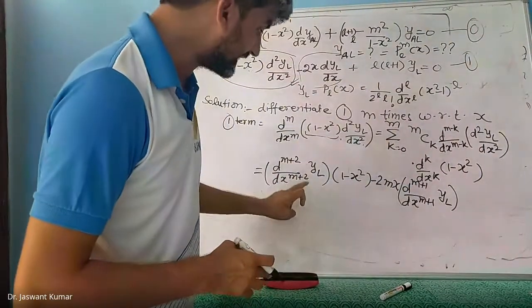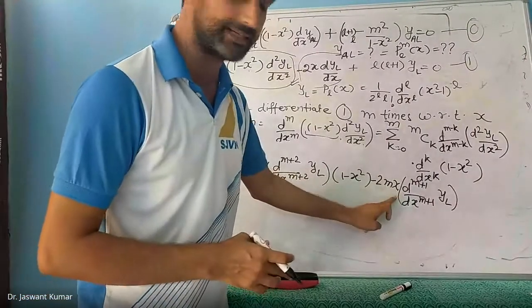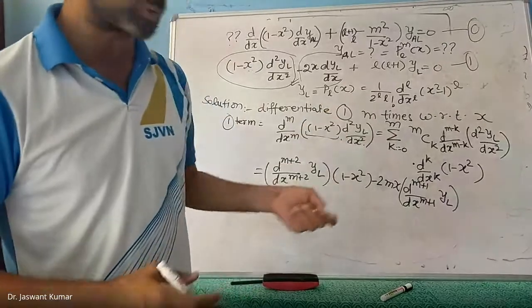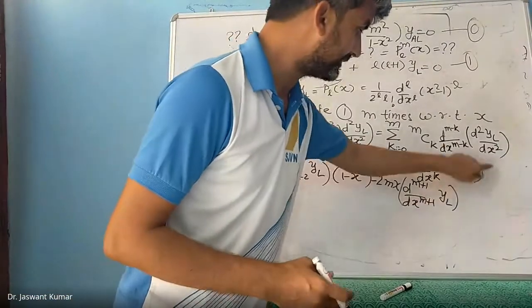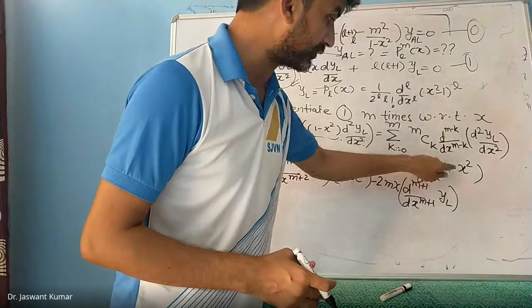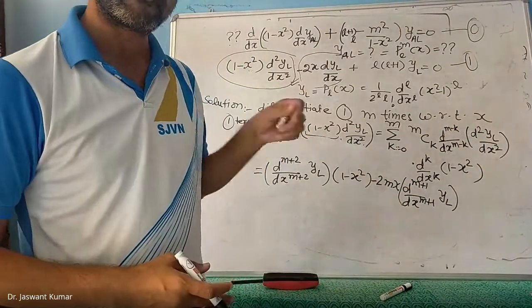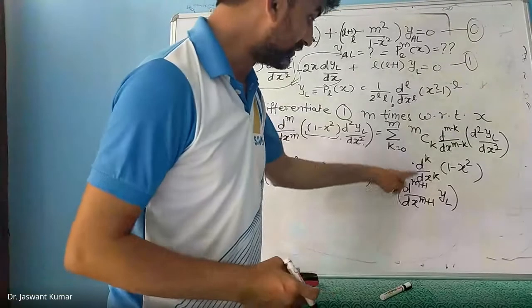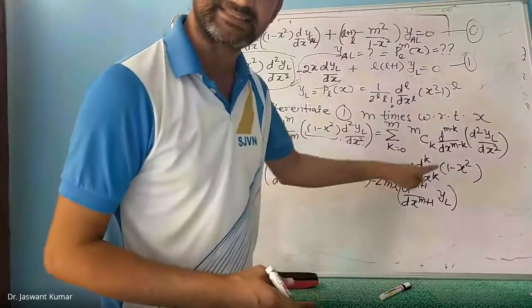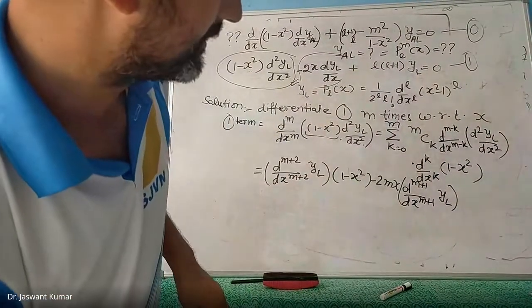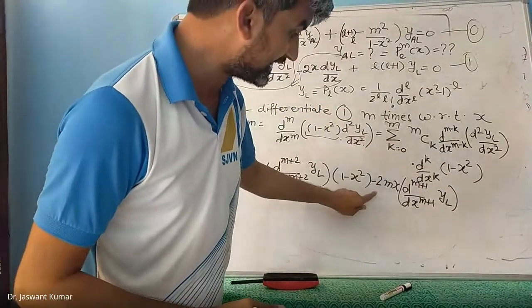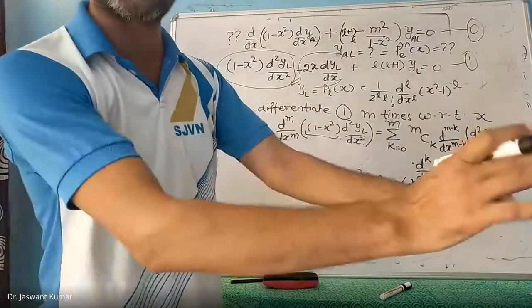We have written the k equal to 0 term and the k equal to 1 term. Now we are going to write the k equal to 2 term. In the k equal to 2 term, we first take care of d2/dx2 of (1 minus x square). This will be d/dx of minus 2x, which will be equal to minus 2.